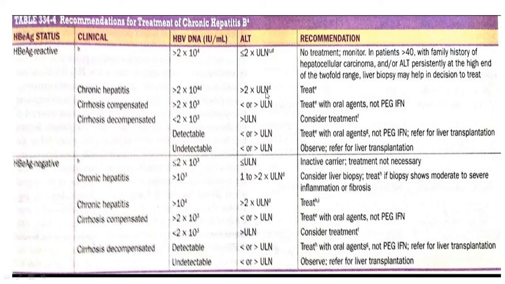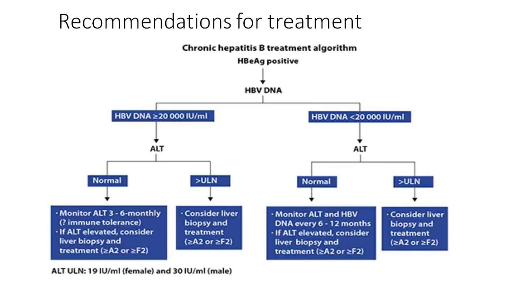If there is chronic hepatitis, you treat with oral agents, not PEG, and then you treat with PEG in the decompensated stage as well. In chronic hepatitis HBeAg negative, you can always start with oral antiviral agents.